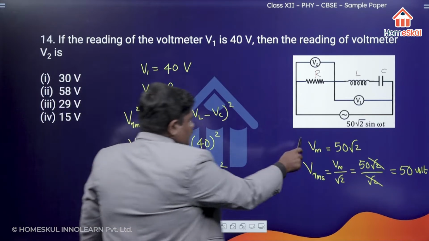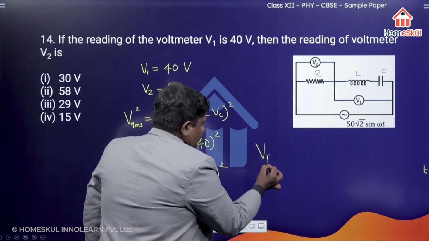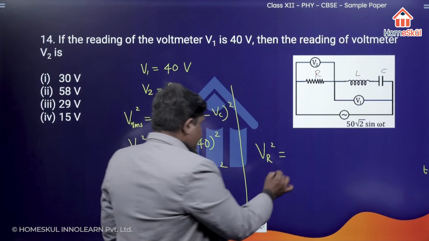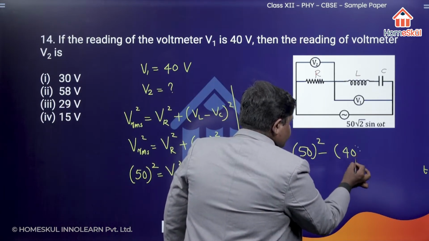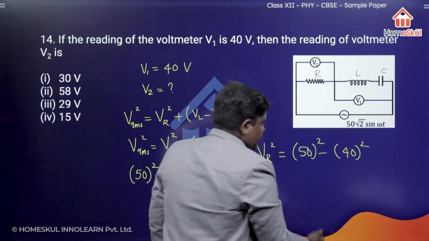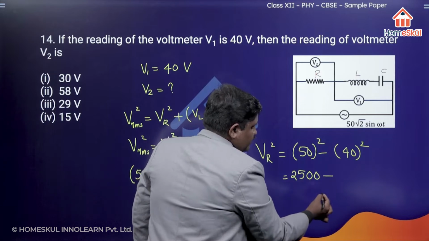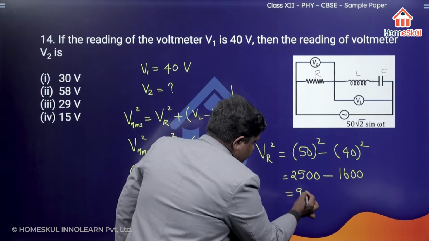Therefore VR square is equal to 50 square minus 40 square, that is 2500 minus 1600, which is equal to 900.